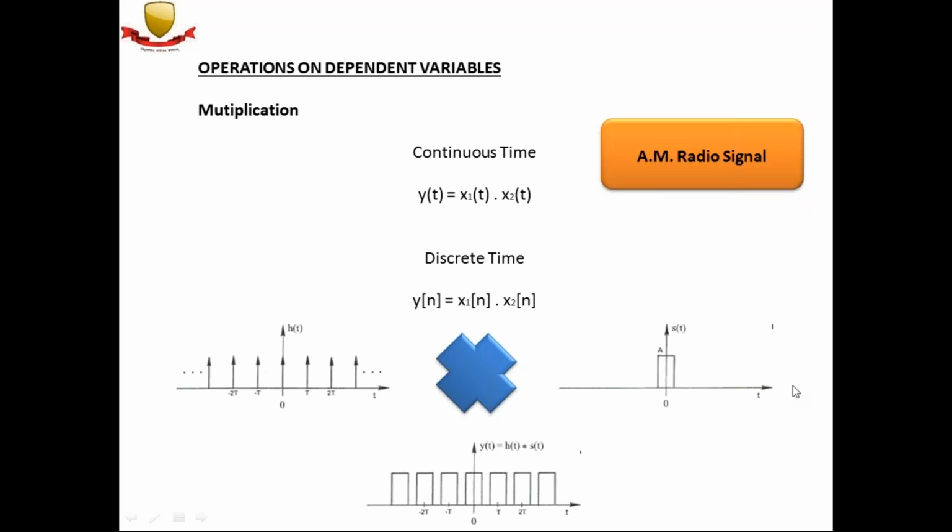Now, as I just said, x2(t) may be your carrier wave, and that should be sinusoidal in nature in case you are using it in an amplitude modulated radio signal. So the question comes to mind: why do we use sinusoidal signals?